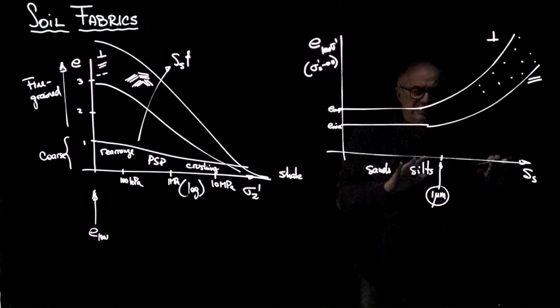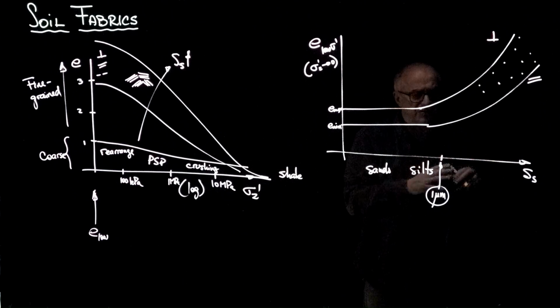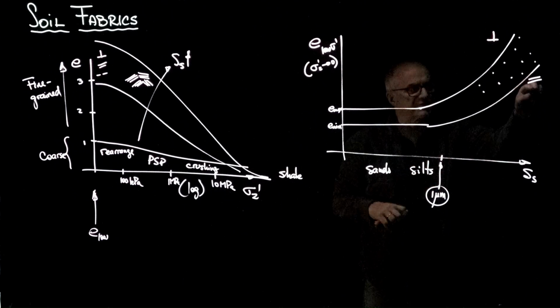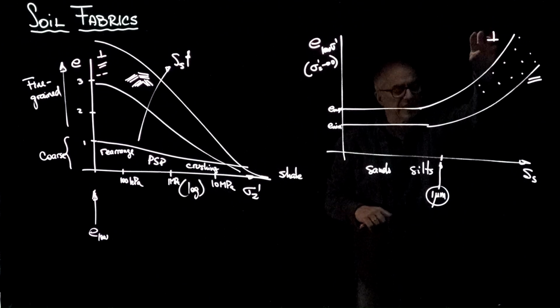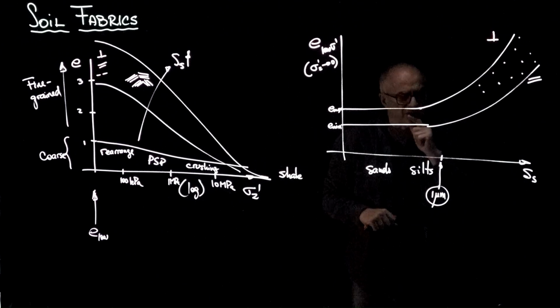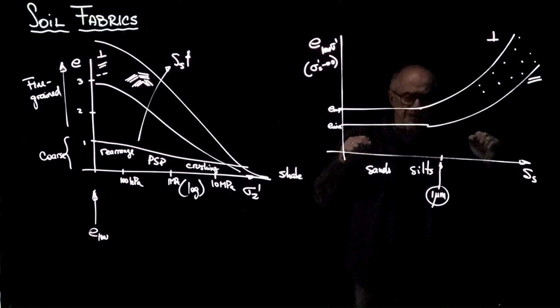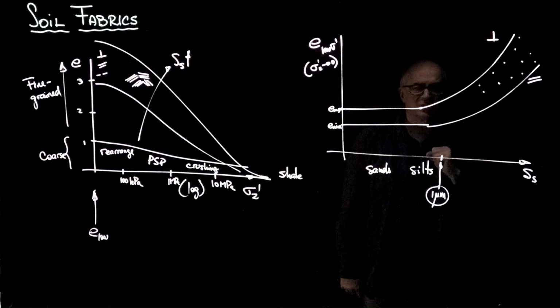You can convince yourselves that this is the case if you choose pH and ionic concentration to cause the dispersed fabric, and a pH at the transition between 5 and 6.5 to cause edge-to-face aggregated fabrics in kaolin. You just do the mixtures in test tubes, put in exactly the same amount of kaolin, shake it very well, let it sediment, and you will see these asymptotic void ratios.